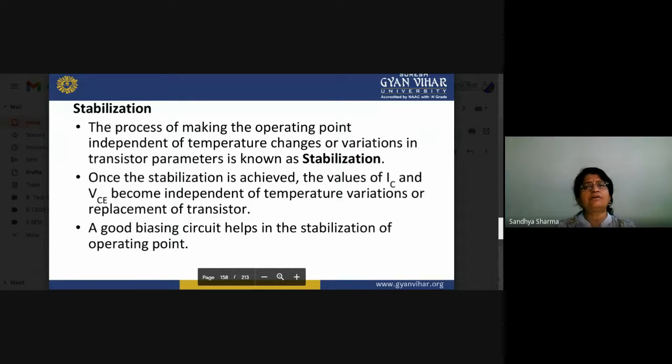Meaning, whatever changes are made in temperature, or whatever variations there are in transistor parameters, your operating point should not change. The process of making your operating point independent of temperature, we call stabilization. Once this stabilization is achieved, the values of IC and VCE become independent of temperature variations or replacement of transistors. A good biasing circuit helps in stabilization of the operating point.